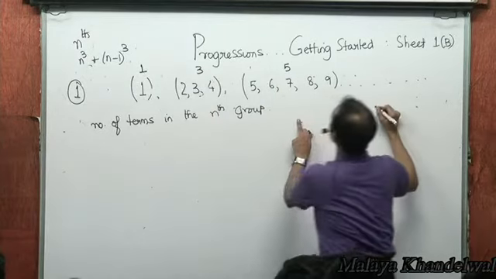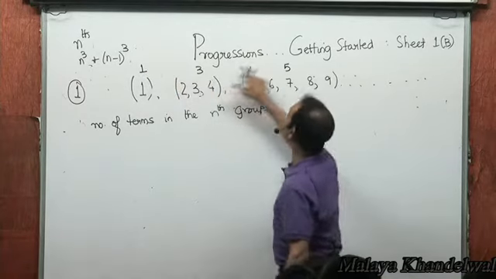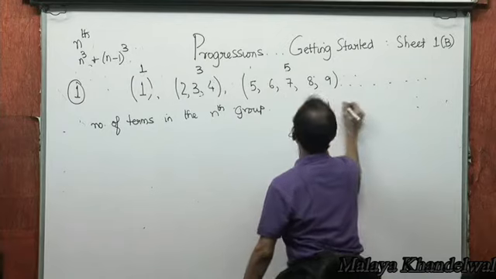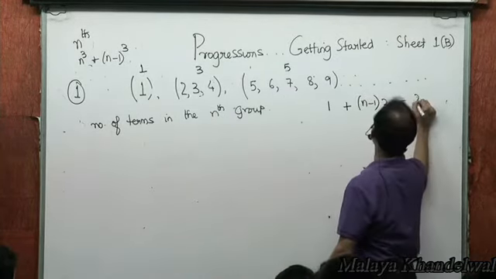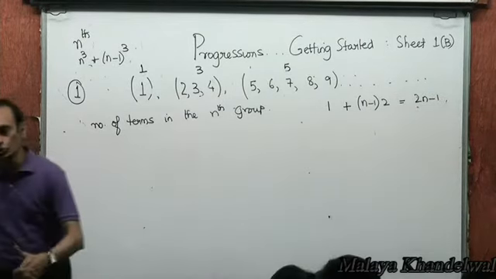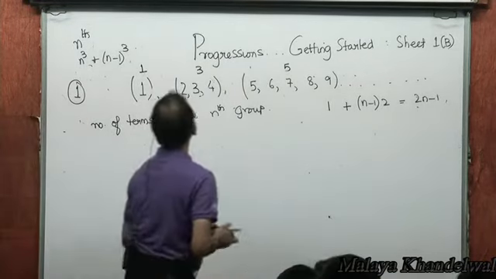So the number of terms in the nth group would be the nth term of the sequence 1, 3, 5, etc. And the nth member of the sequence is going to be 1 plus (n minus 1) into 2. That makes it 2n minus 1. Yes or no? The number of terms in the nth group is going to be 2n minus 1. Okay.